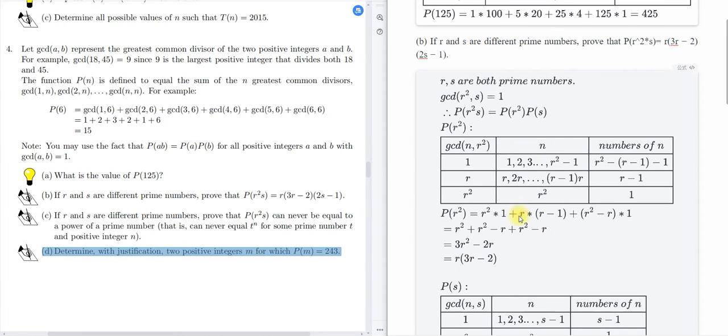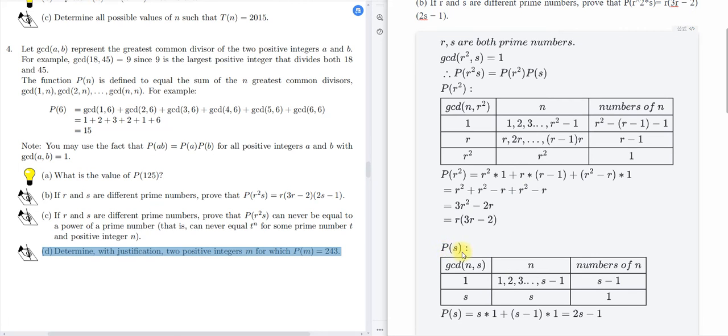Now we see P(S). Since S is a prime number, there are only two possibilities of GCD(n,S). It's 1 and S. So there are S minus 1 of the value 1, and one of the value S. Let's explain it.